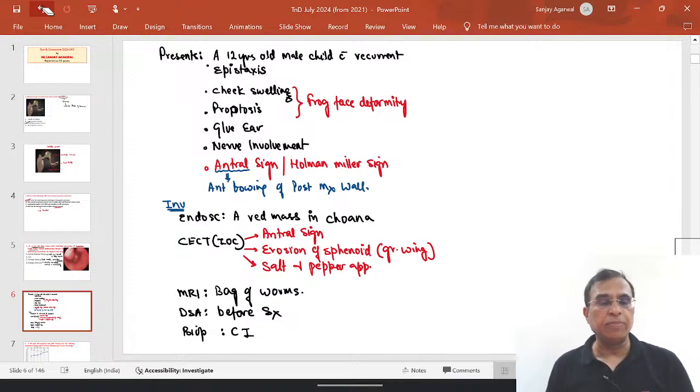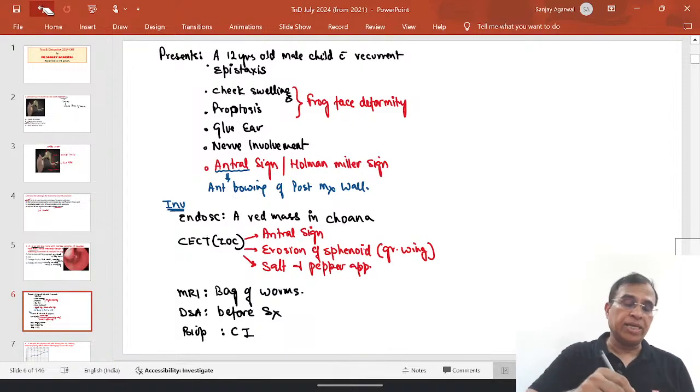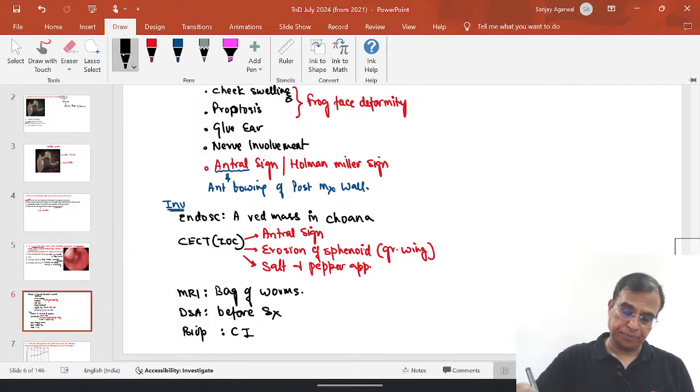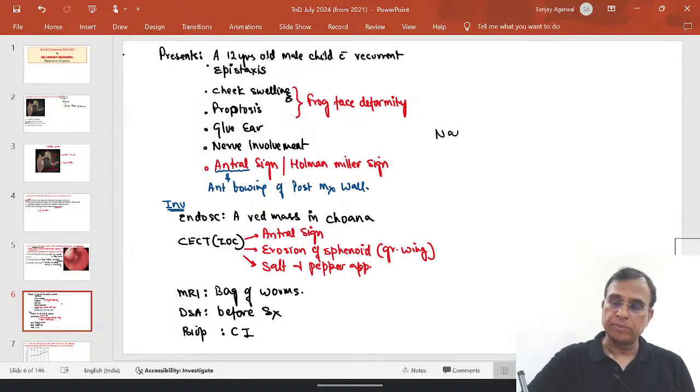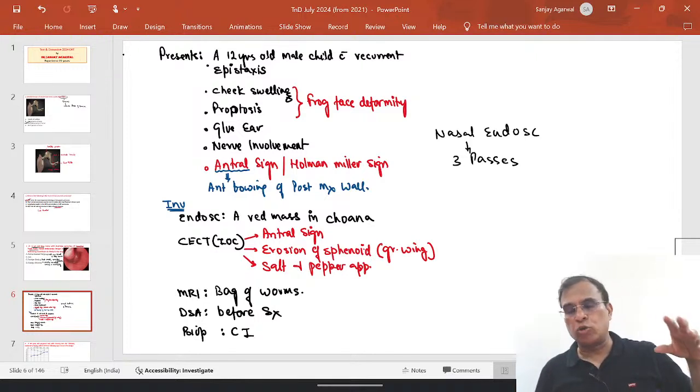And Vignesh is asking me to show the image of the first pass endoscopic picture. So when you do nasal endoscopy, it has three passes. That means we pass the endoscope in the nose three times.